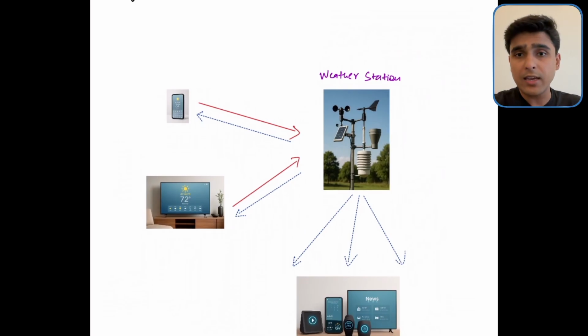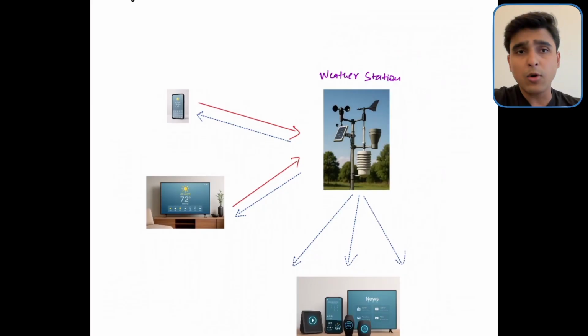But at this point, only two devices want to receive those events. Think of a scenario where you open a weather app on your phone. At that point you want to see what's the weather update. If your phone is sitting idle, you don't want the weather station to send updates to you, or maybe you do, but some events you want to check yourself. For some events you don't want to be bothered every time.